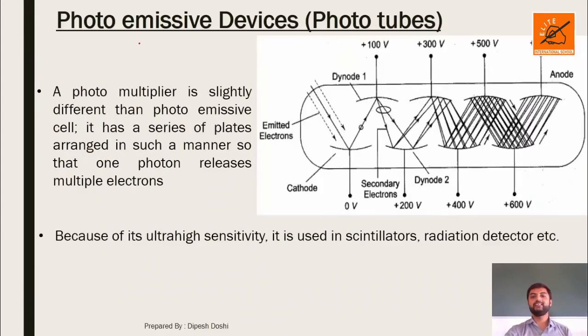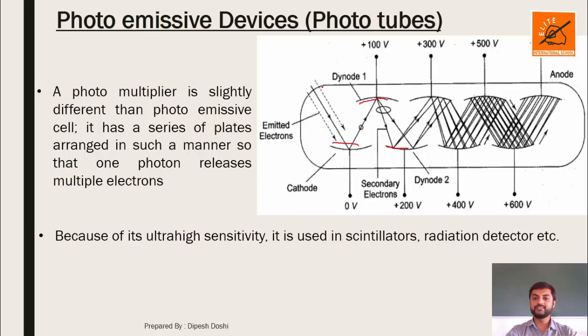So second is the photomultiplier tube. What happens in a photomultiplier tube? It has a slightly different construction, and here there are photoemissive cells. Whatever arrangement you can see here, there are some plates like that.